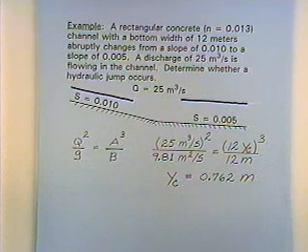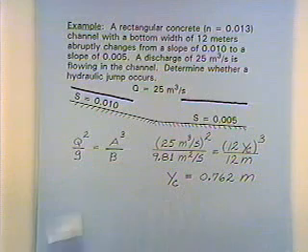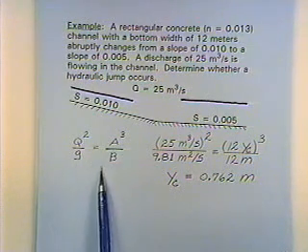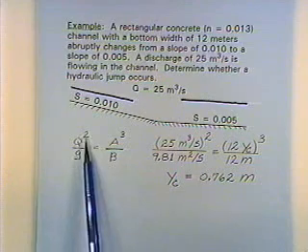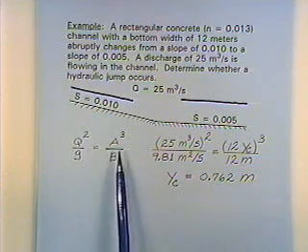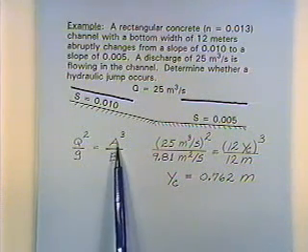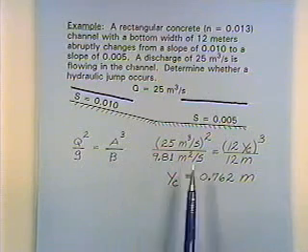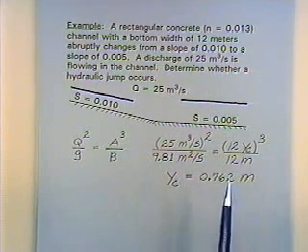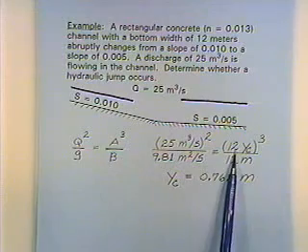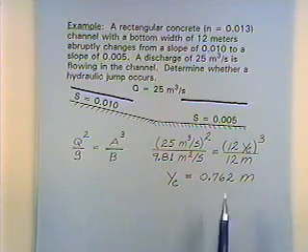And so what I've done, just to eliminate one of the computations, is compute the critical depth first. So plug into this equation, plug in the discharge, square it, divided by acceleration of gravity. The area is easy for a rectangular channel, so you hope for a rectangular channel on the exam, because it's just the width times the depth.